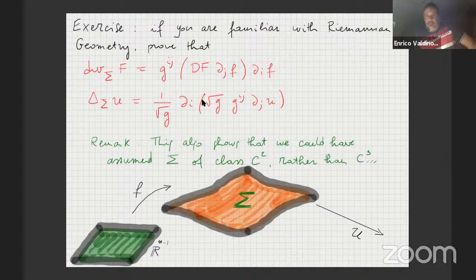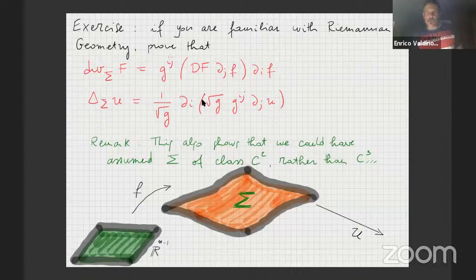You can relate the tangential divergence and the Laplace-Beltrami operator to objects of Riemannian geometry, and we commented on that, saying that it's actually useful to look at this coordinate expression. For simplicity I took the manifold to be smooth, but once you write coordinates, you realize that it's enough to suppose that the manifold is C2.